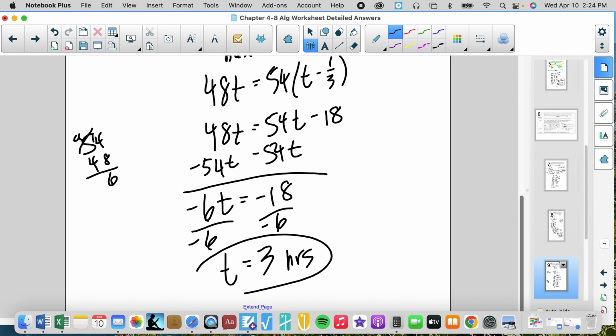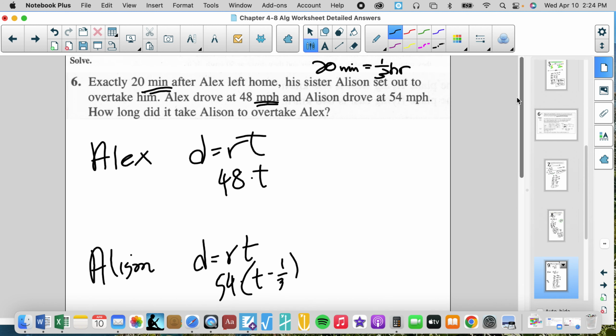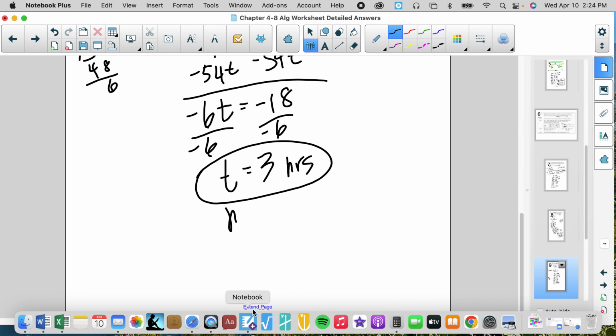So that's how long Alex drove for, but not his sister. His sister left 20 minutes later. So this is Alex's time, and his sister is 20 minutes later. So can you subtract 20 minutes from 3 hours?